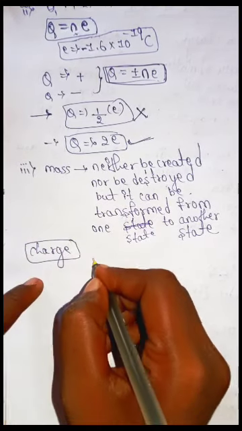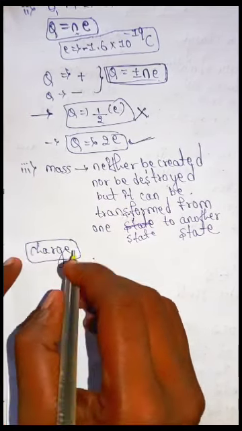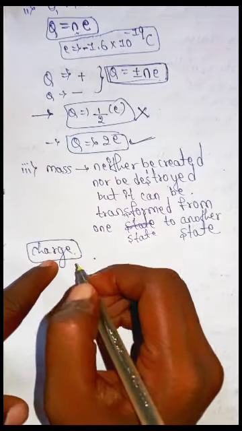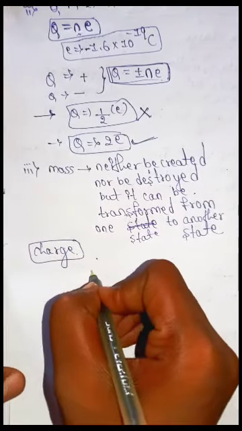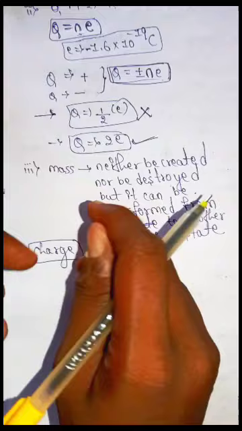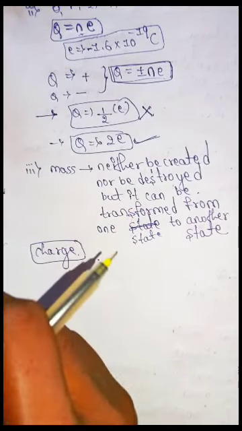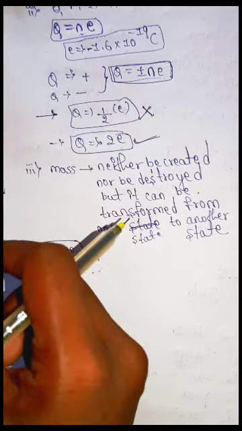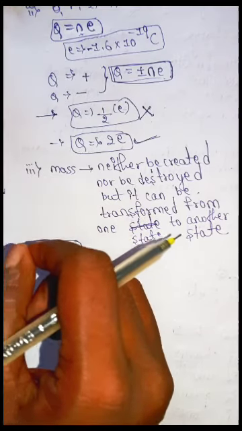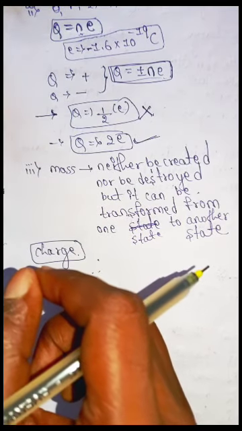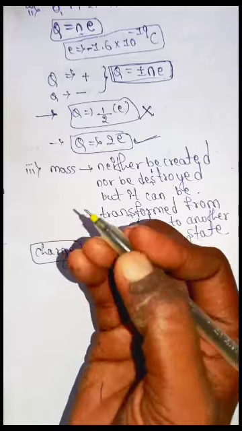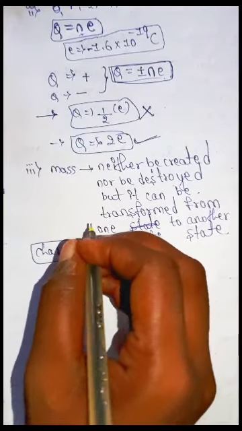The charge cannot be created. The total charge inside the earth and on the earth is always the same and will be the same forever. So the charge will always be conserved.